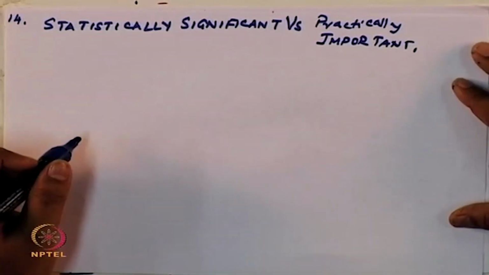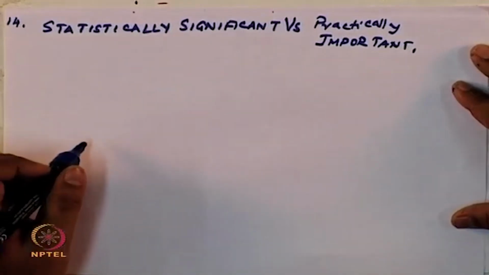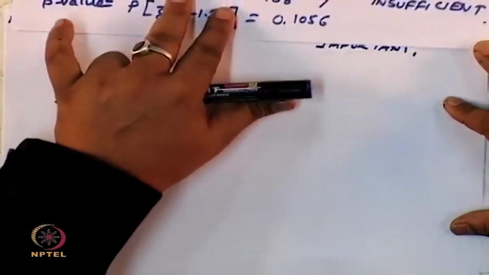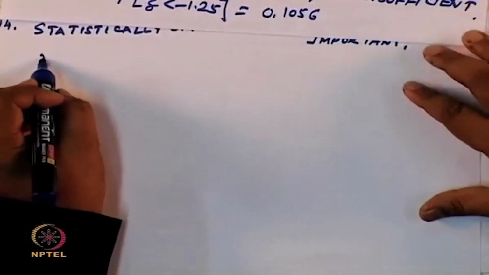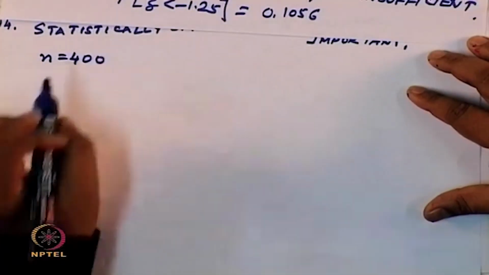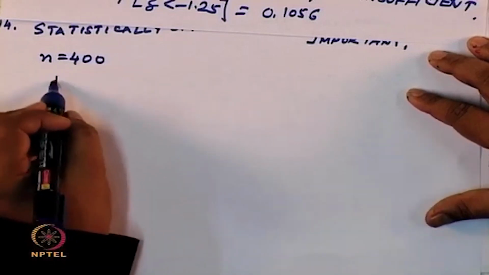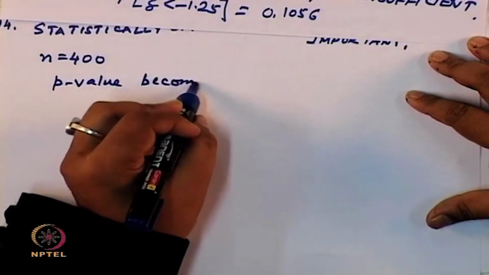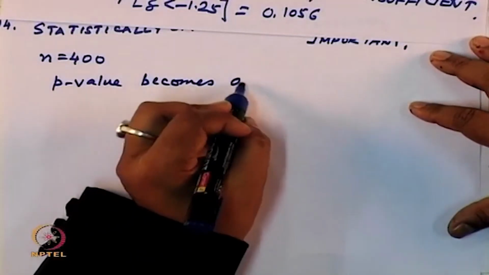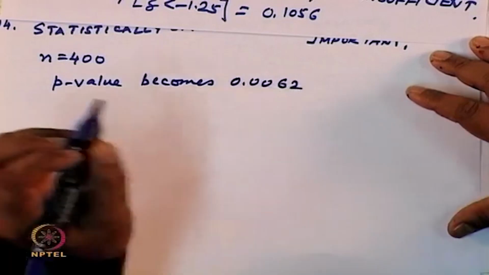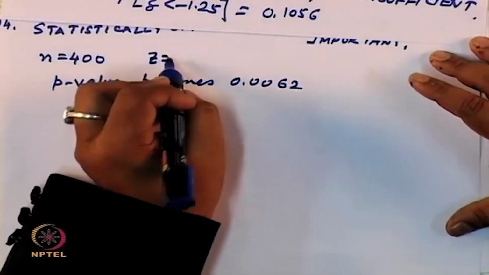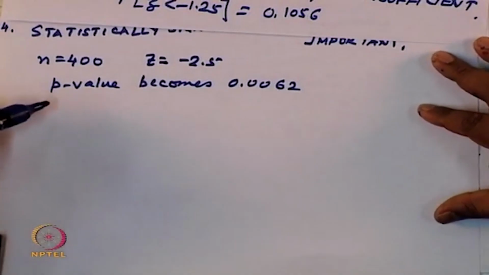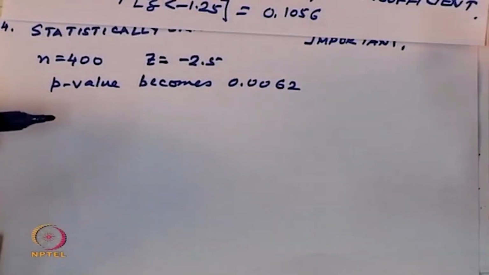In the above case, let us say you increased your n equal to 400, okay, then your p value becomes 0.0062, because your z becomes minus 2.5. Okay, so, now it is significant, but it may not always be practically important.